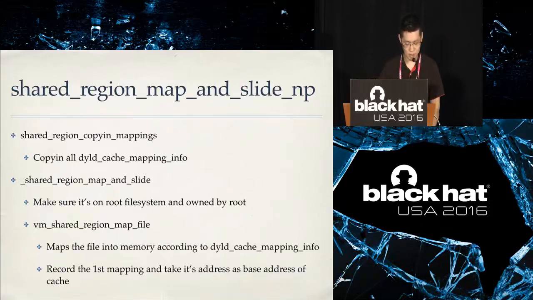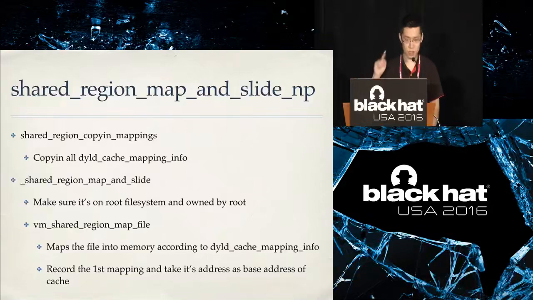What the kernel part does is very, very simple. It copies all the mapping information we mentioned before and does some very simple checks, like whether it's on the root file system and whether it's owned by root. Finally, it will just map the file into memory according to the mapping information.